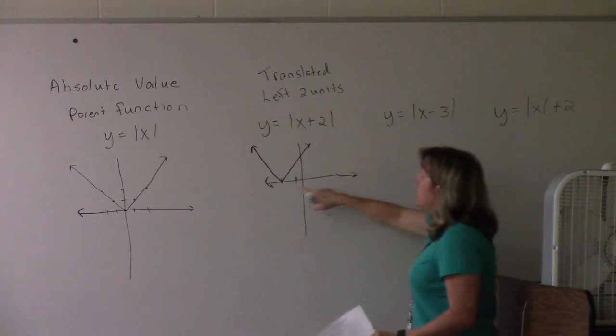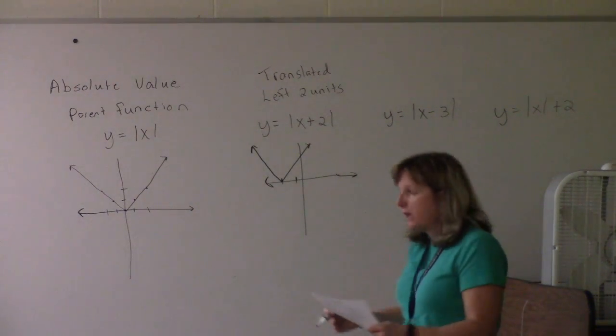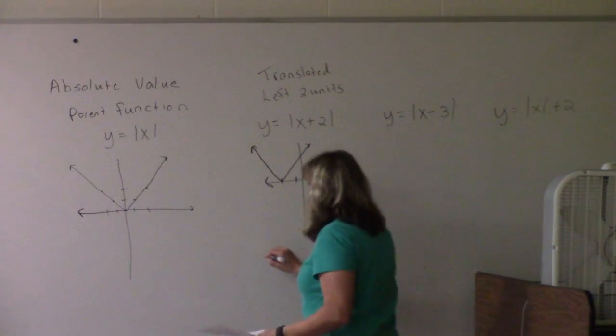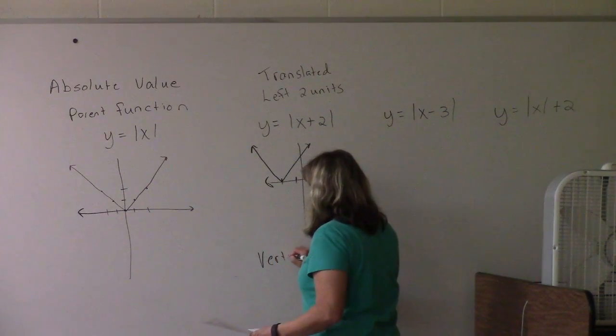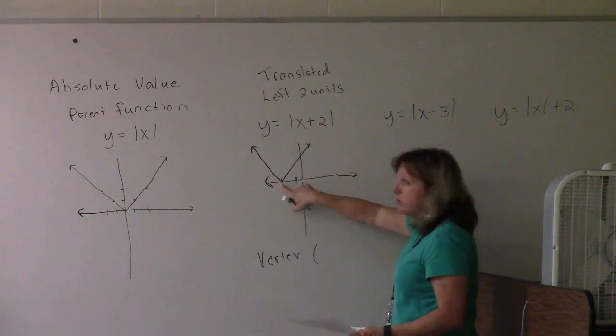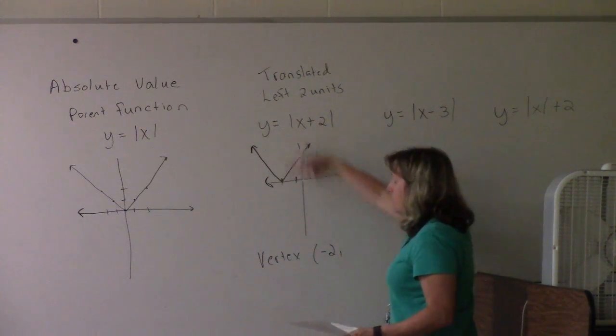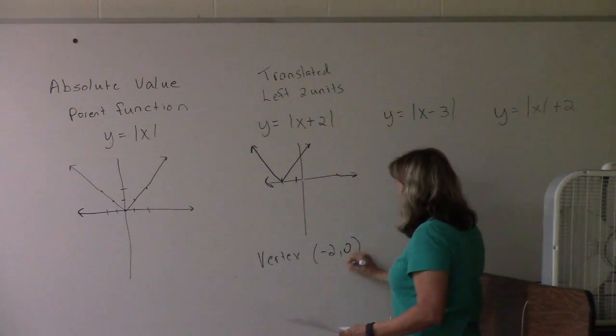So we translated left 2 units. Okay, so to find the vertex, I'm going to go negative 2 in the x direction. And I didn't move up or down, so it's going to stay 0 in the y direction.